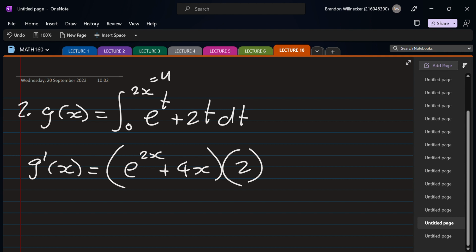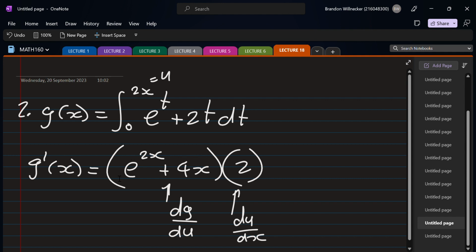And then once that's done, we need to do the chain rule. So on that far end there, that is d by dx of 2x, which is just 2. So here, this bit is dg by du. This bit is du by dx. So that's just the chain rule.